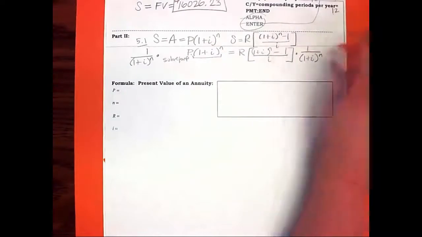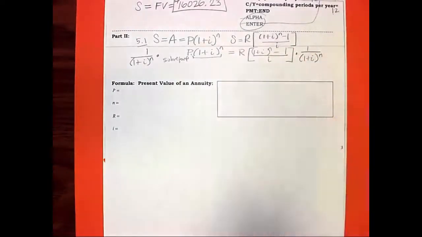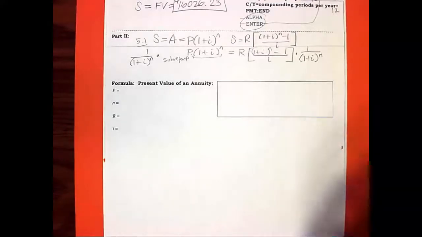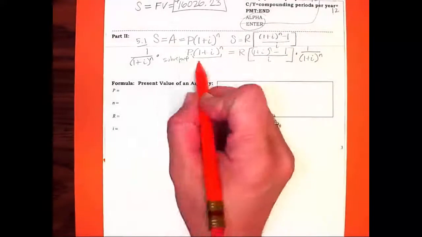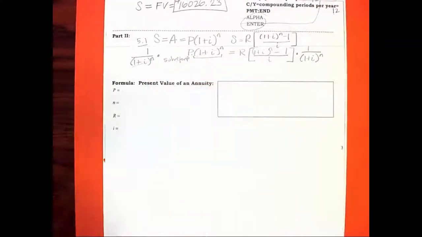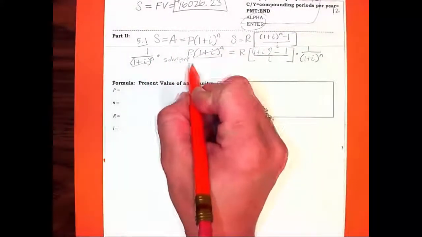Now, when I show you something like this with the formula derivation, you don't have to be able to reproduce this, but my goal in showing you this is hoping to help you understand what present value actually really means when you look at this formula, so that you don't struggle with the concept so much. So when we do this over here, we end up with just P, which is the present value.